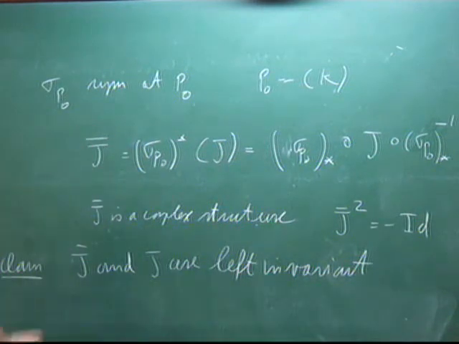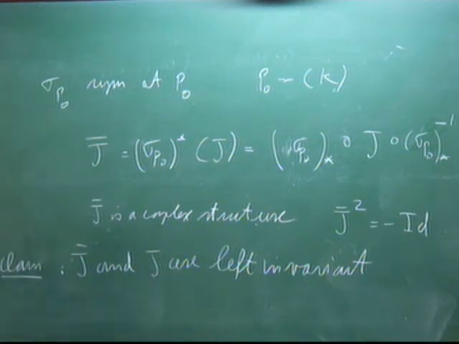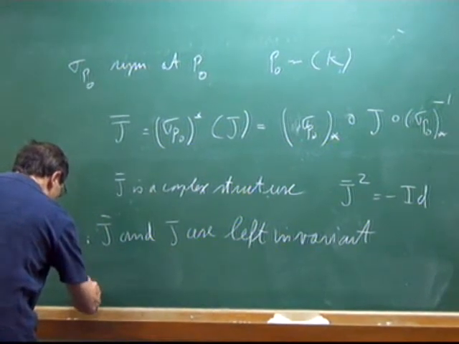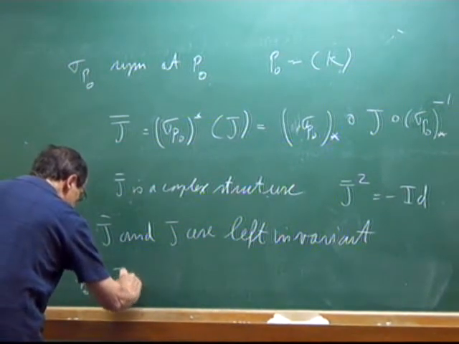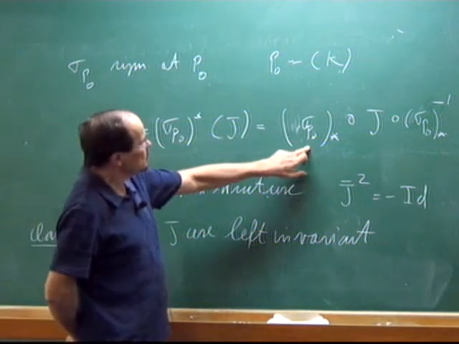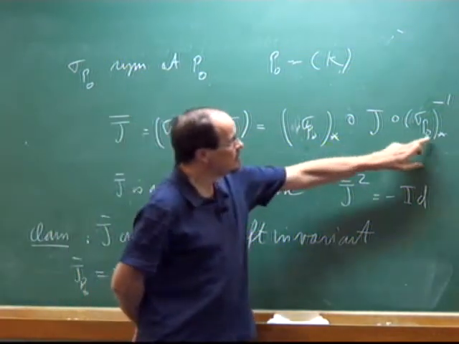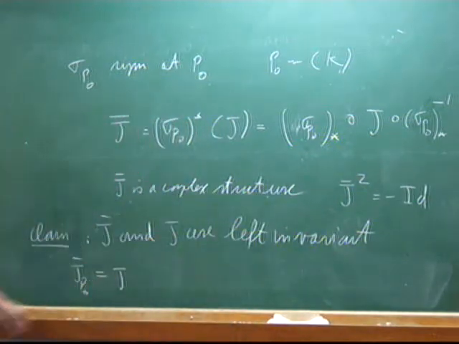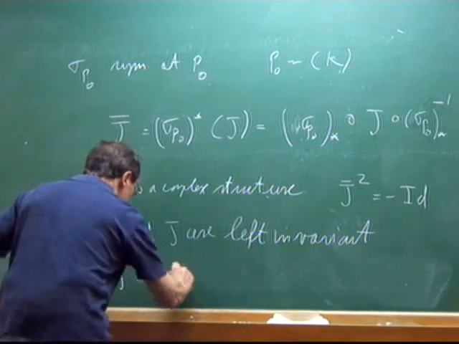Let's assume this claim for a moment. Then how do I finish? If I have that, then notice that J bar at the foot point P naught is equal to J. The derivative of this map is minus identity. These cancel here, and I get J. If I know both are left invariant, they agree at one point, that means they agree everywhere.